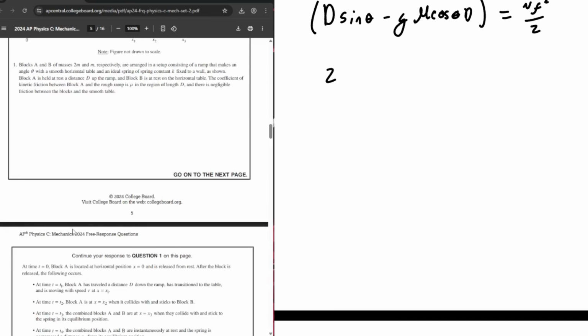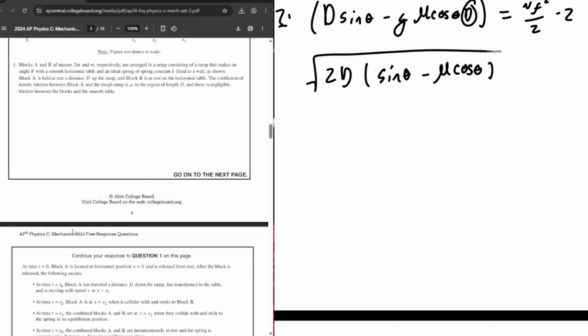And now we're going to simplify fully, but we're going to also take this d out because it's in both terms. So we're going to multiply by 2 and factor out that d. And we're going to get sine theta minus mu cos theta. And we're going to take the square root in order to get the final.